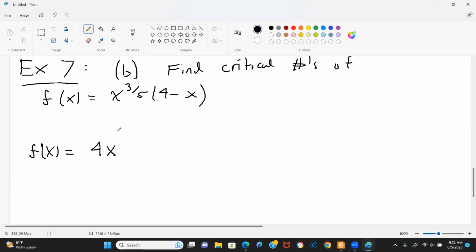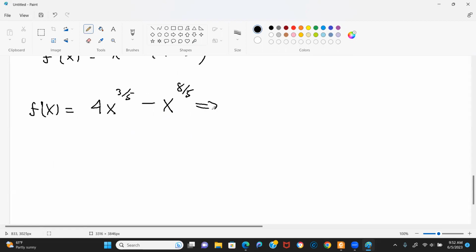We can just distribute this x to the 3/5 through, and then we get 4x to the 3/5, and then x to the 8/5. That will imply that the derivative is equal to 4 times 3/5 x to the negative 2/5 minus 8/5 times x to the 3/5, subtracting 1 from the exponent.